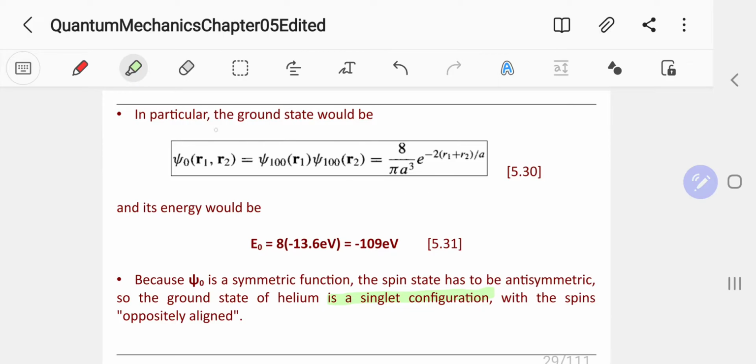You have 0 0, which is just equal to 1 over square root of 2, you have here minus this spin state.